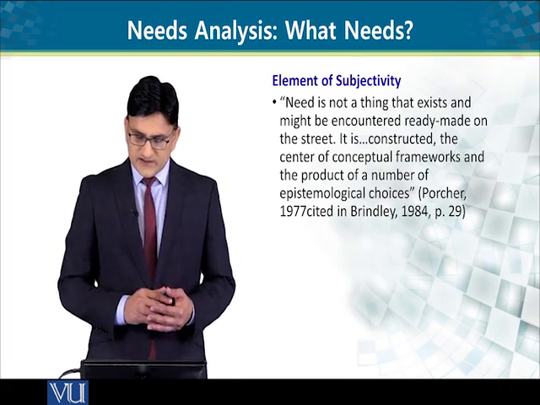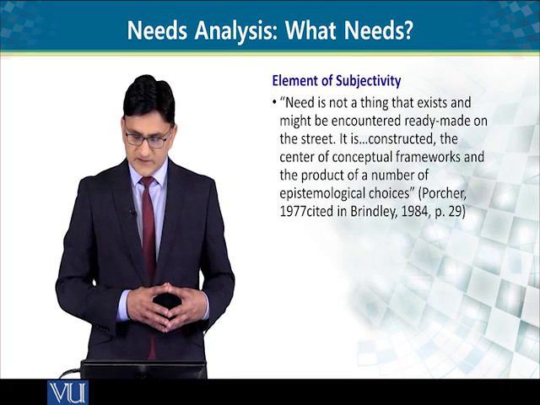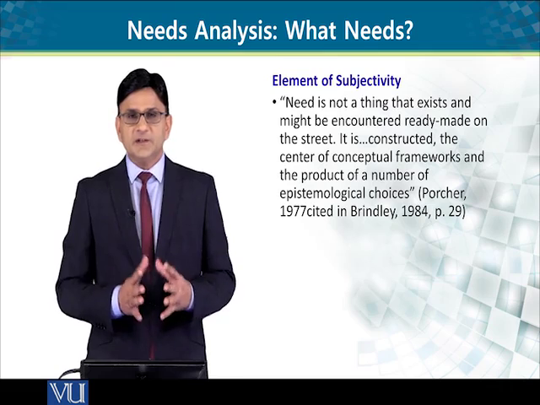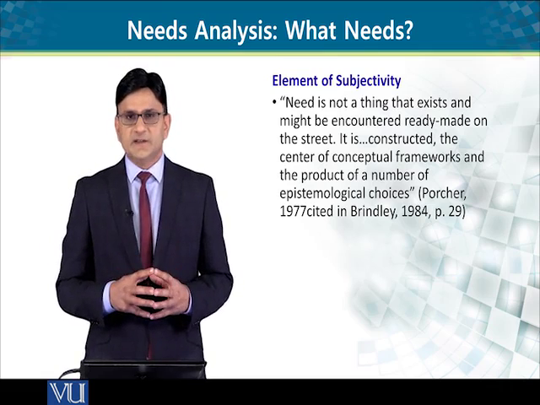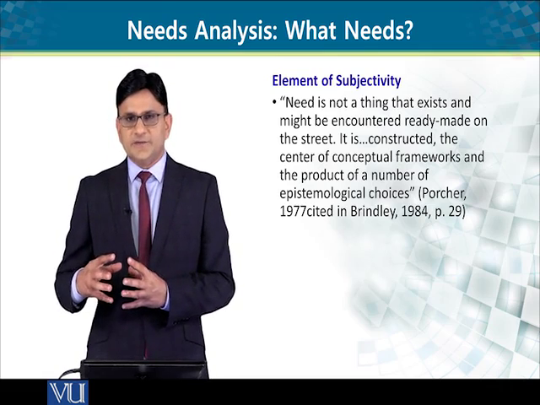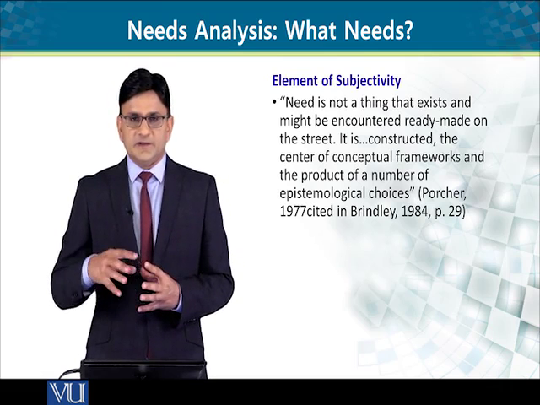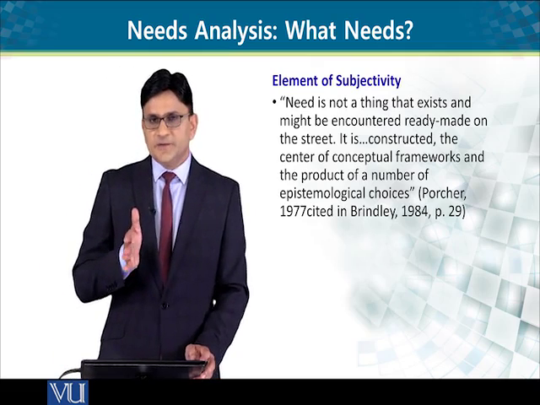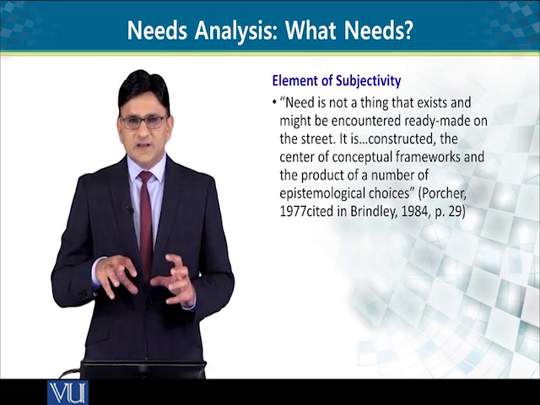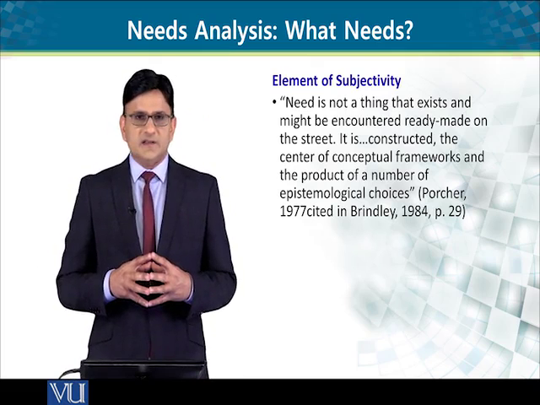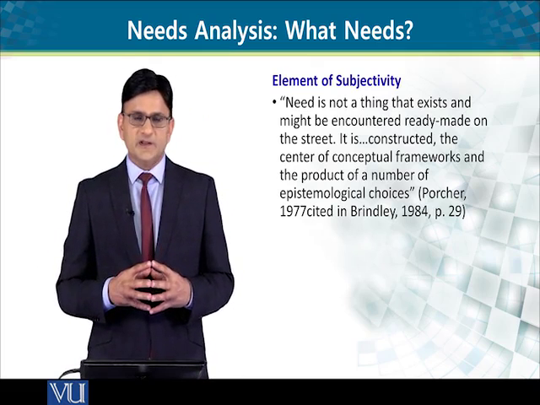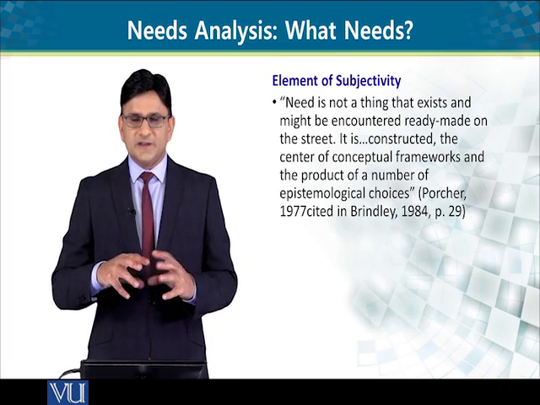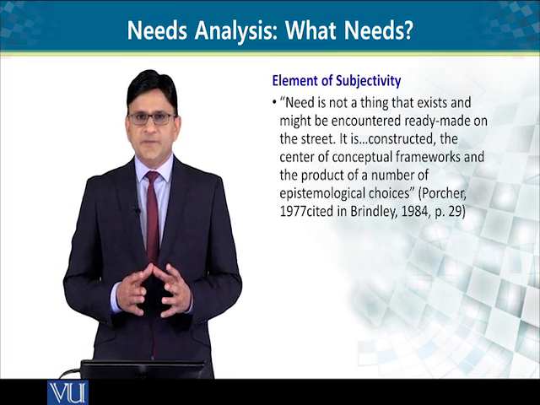it is constructed at the center of conceptual frameworks and is the product of a number of epistemological choices. It's about making judgments about what sort of needs a particular group of learners have. I often quote this example: language learners are not a homogeneous group. Rather, they are heterogeneous, which means they are a combination of different variables, right?